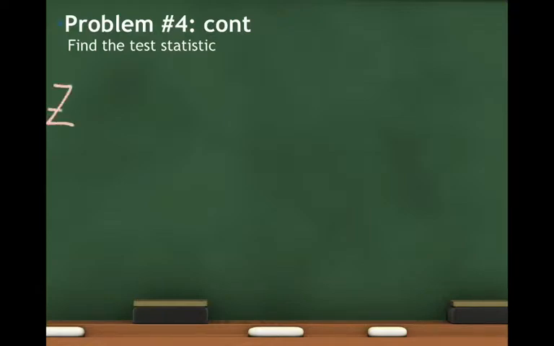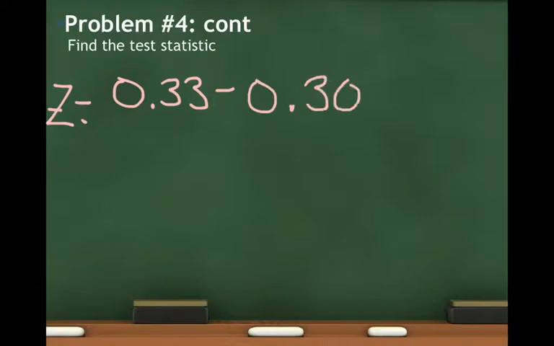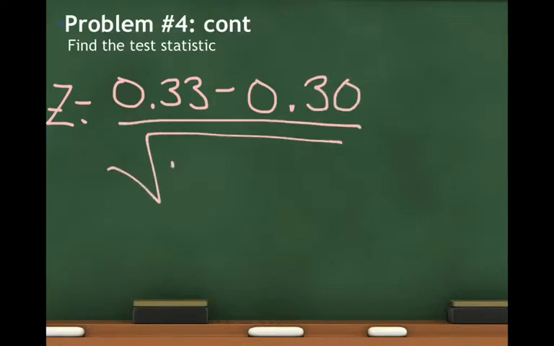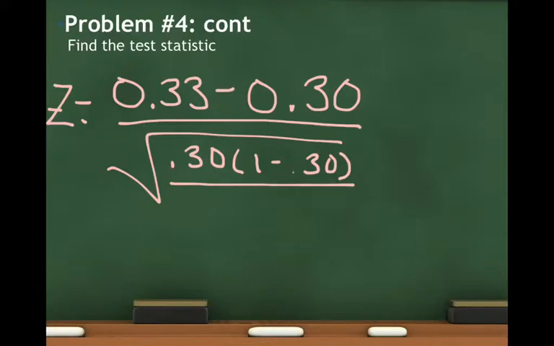You should have z equals our sample proportion p-hat that we found, 0.33, minus the population proportion, 0.30, divided by the square root of 0.30 times 1 minus 0.30, divided by 1,200.